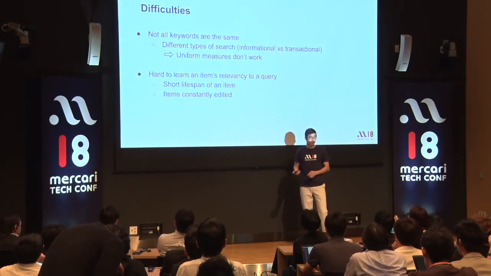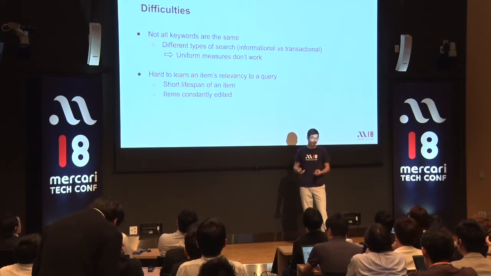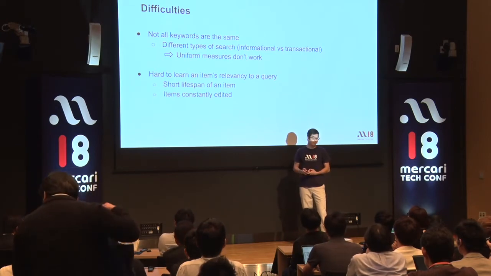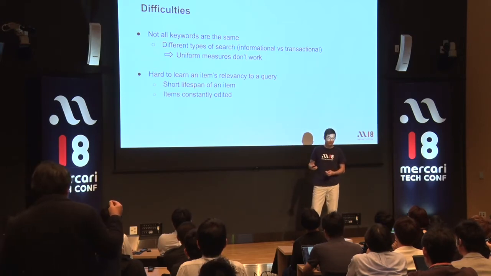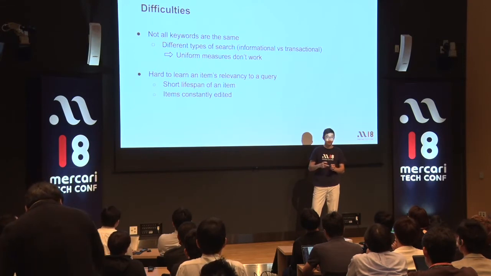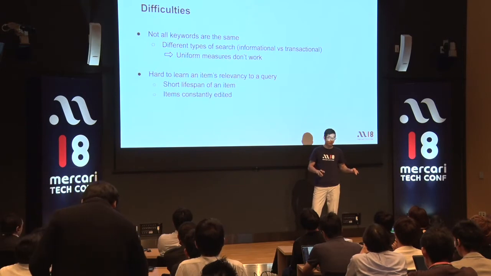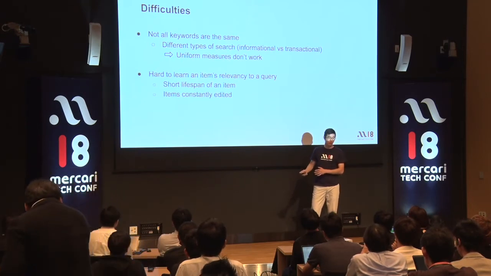But it was not an easy problem to fix, for two difficulties. The first one is that not all keywords are the same. There are different types of search in Mercari, and we can roughly divide keyword searches into two types. One is informational search, and the other is transactional search.